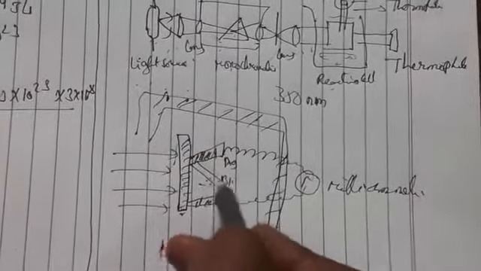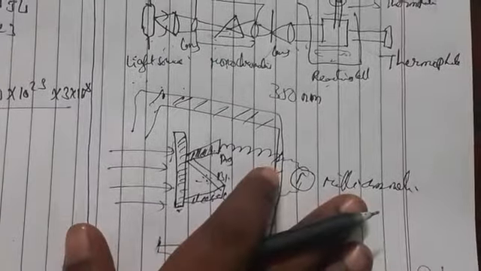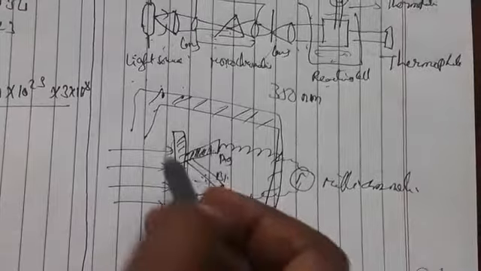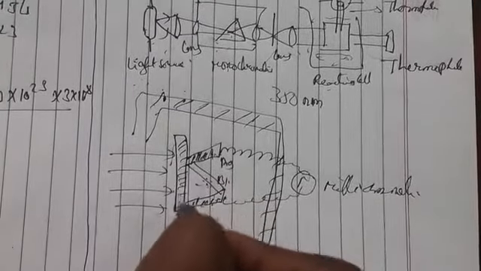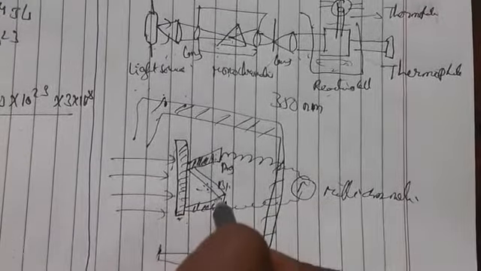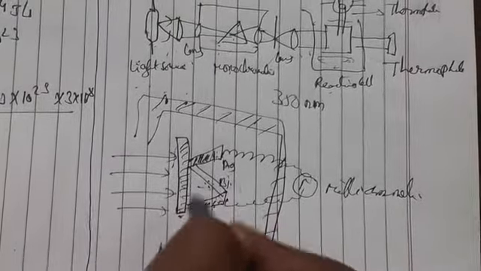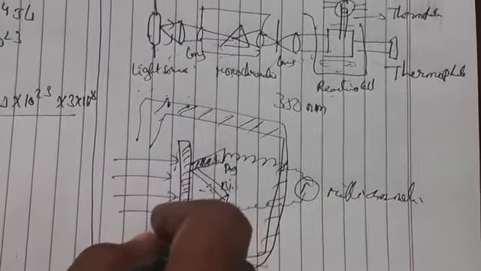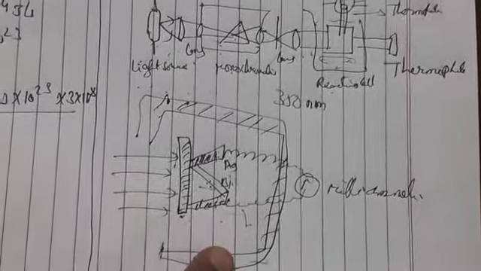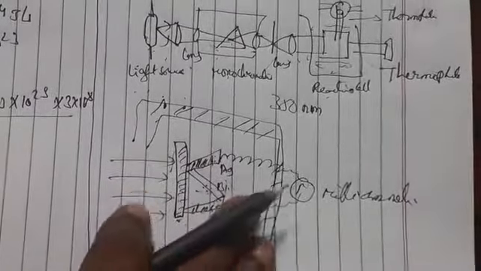The other set is protected from the radiation and maintained at constant temperature. So the series of thermocouples is placed in a box.